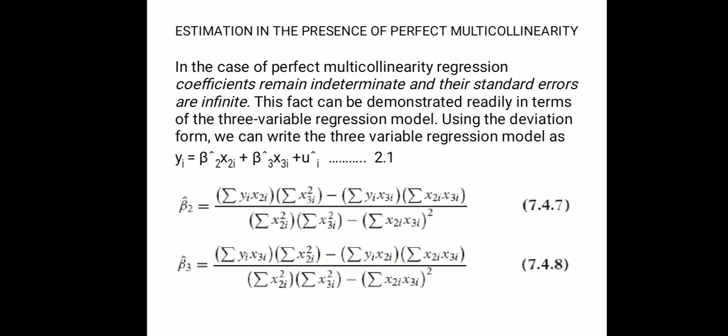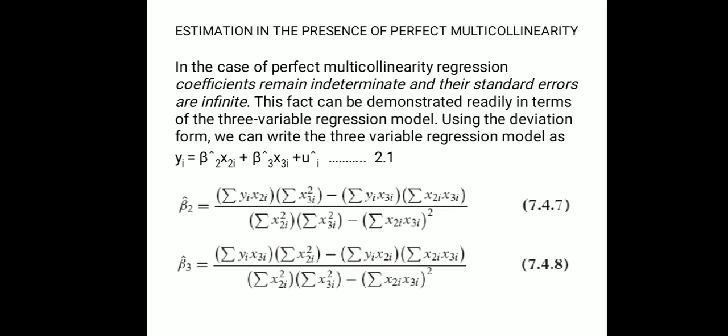Using deviations from the mean, we can write the three variable regression model as yi equals beta 2 cap x2i plus beta 3 cap x3i plus ui cap, where ui is the stochastic or disturbance term.